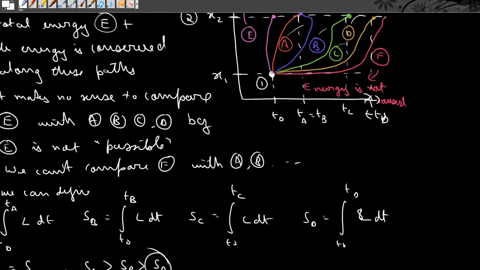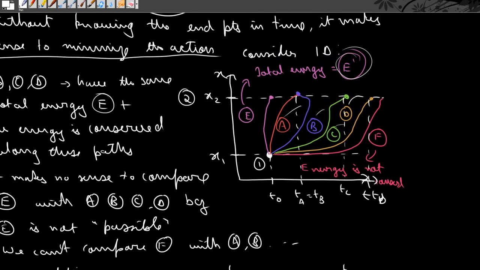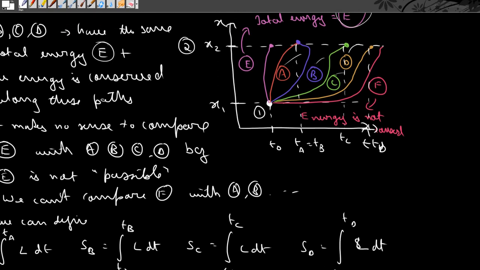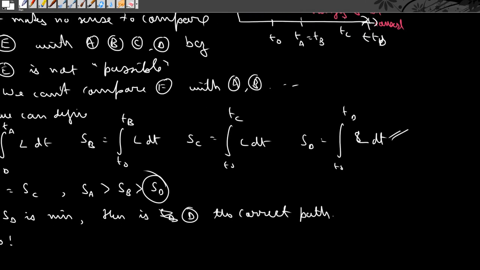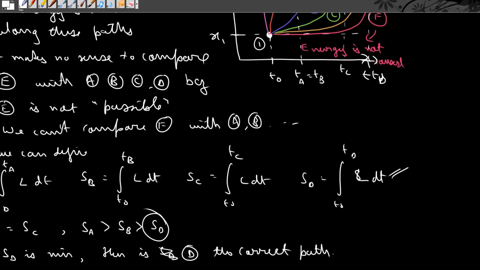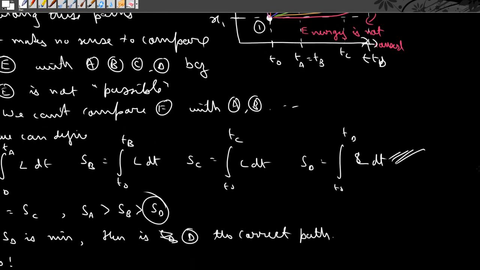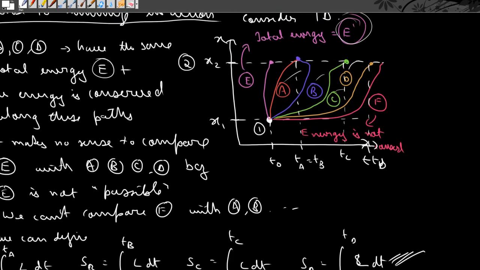Whereas here, the different possible paths begin at the same time but end at different times. So it becomes meaningless to compare these paths using an action defined in this form, because this form, when we minimize, is correct only if we consider paths whose endpoints are the same. But here the endpoints are different.